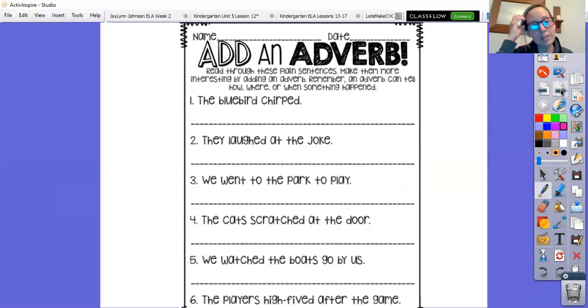All right, I'll do 2 of these examples for you, and I think that this should be pretty self-explanatory. Okay, it says read through these sentences, make them more interesting by adding an adverb, okay? Remember, an adverb can tell how, where, or when something has happened. So number 1, let's read the sentence together. The bluebird chirped. How could we say how the bluebird chirped? What do you think?